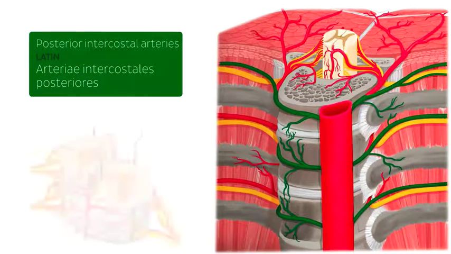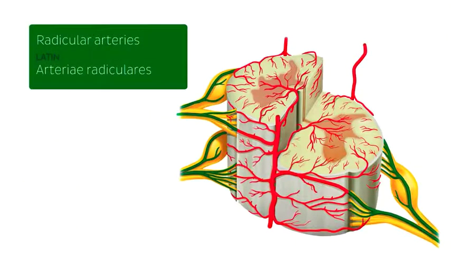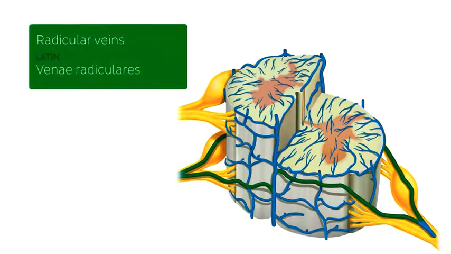The radicular arteries supplying the dura mater go on to then anastomose with the single anterior and 2 posterior spinal arteries. The venous drainage follows the arterial supply, with anterior and posterior spinal and radicular veins draining this region.